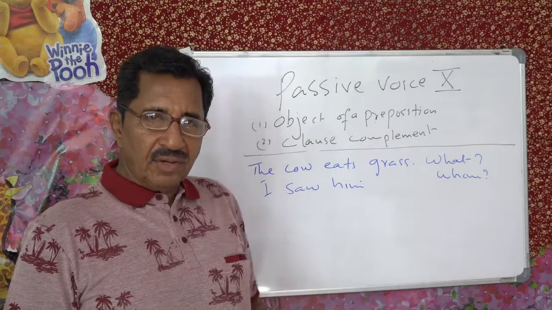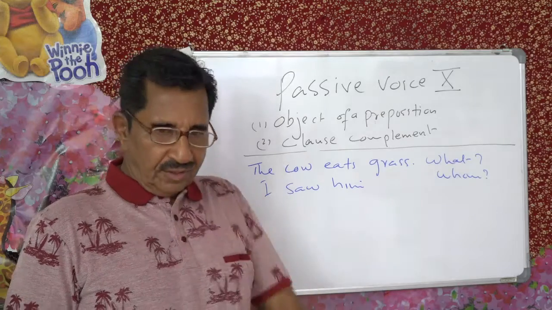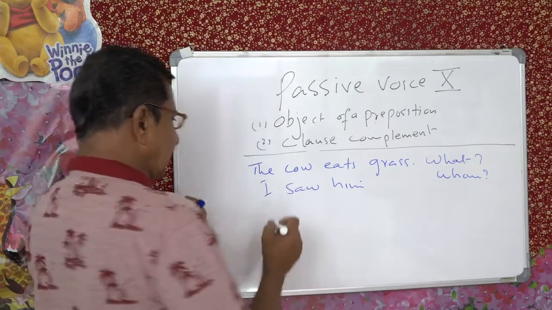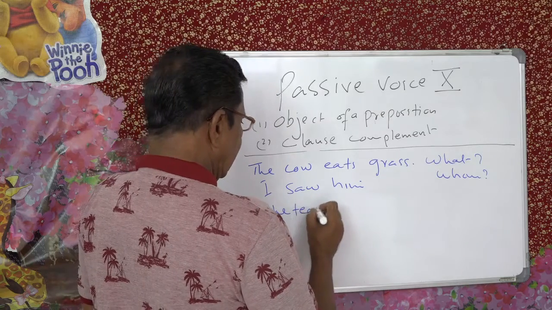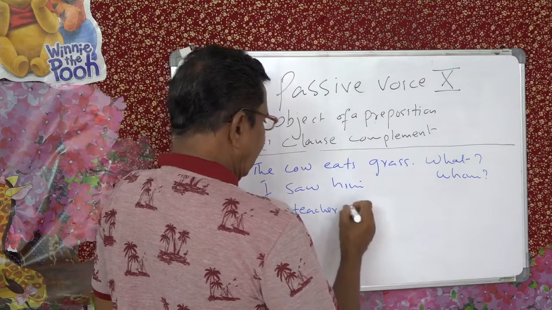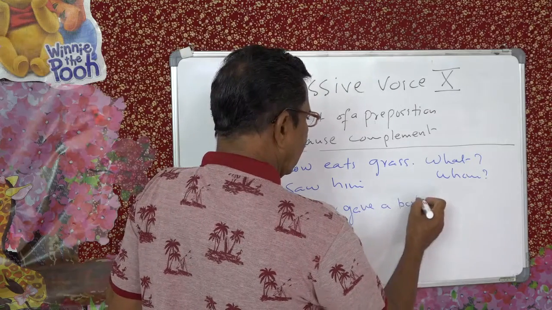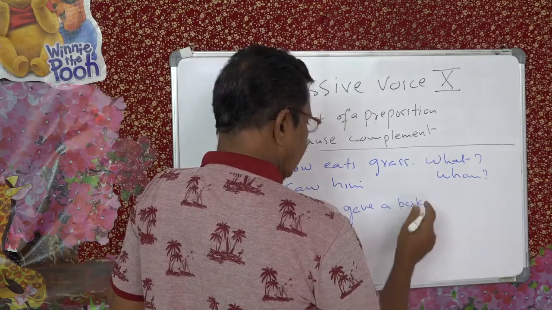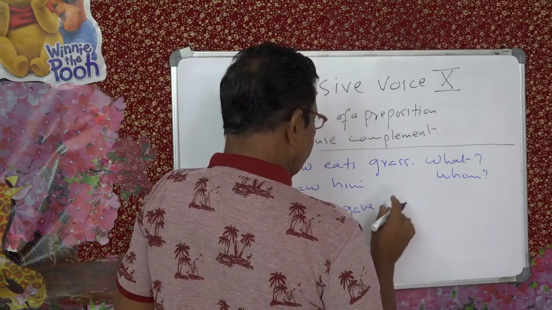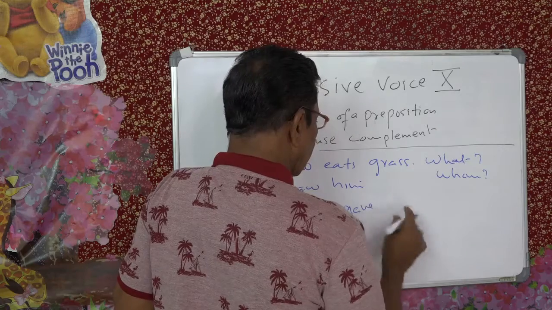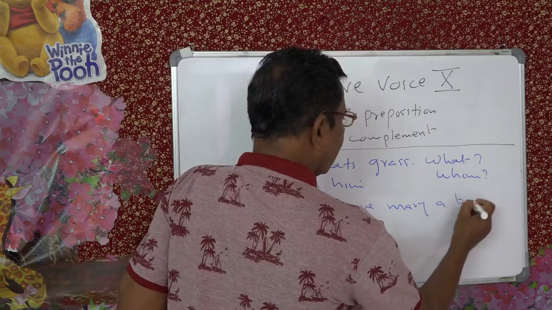Sometimes a verb can take two objects, isn't it? For example, the teacher gave Mary a book.